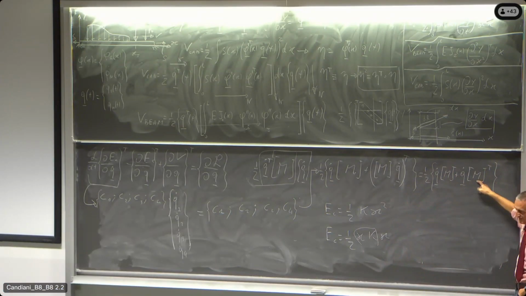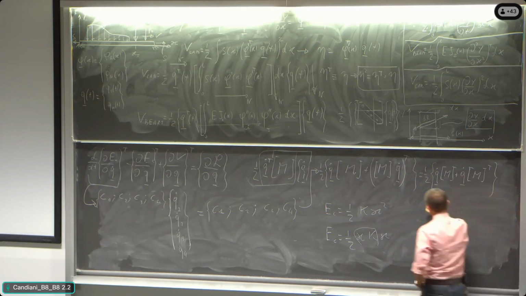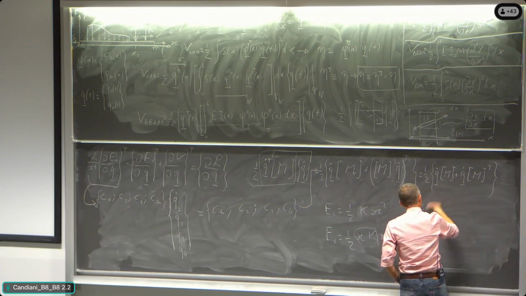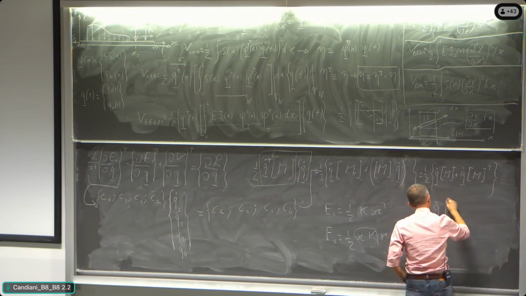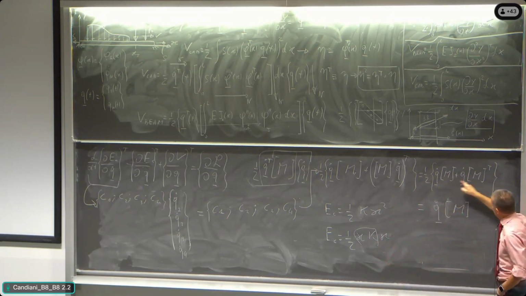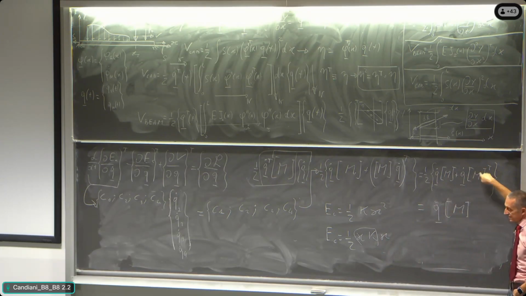In case the mass matrix is symmetrical, the transpose of M is equal to M, and so the two objects here are the same, and all of that is equal to q dot mass matrix.